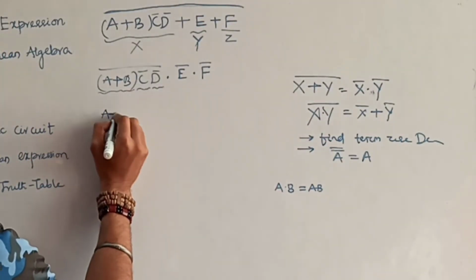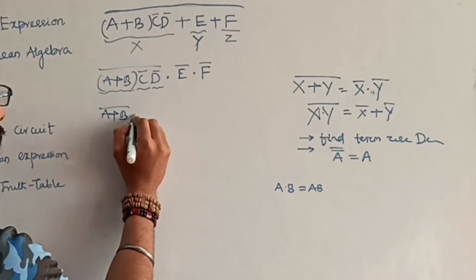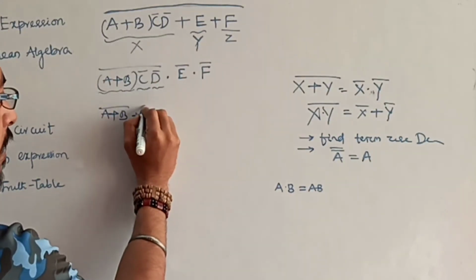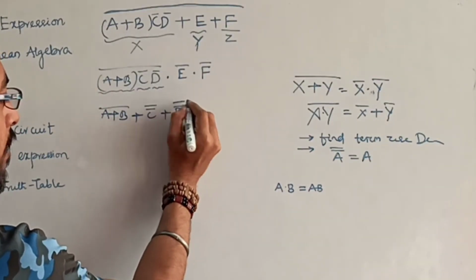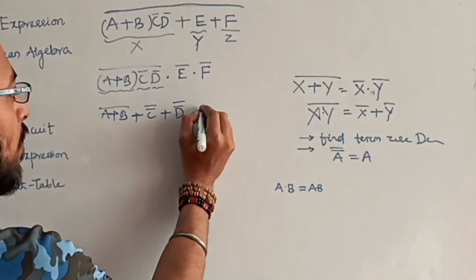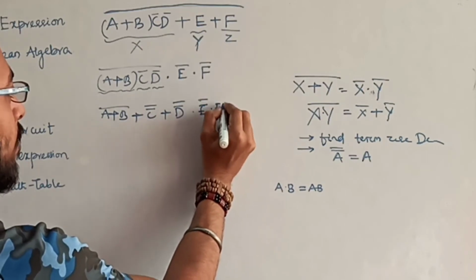It is nothing but A plus B bar plus C bar, then I have to take another bar, plus D bar, then I have to take another bar, dot E bar and F bar, which were already present before.